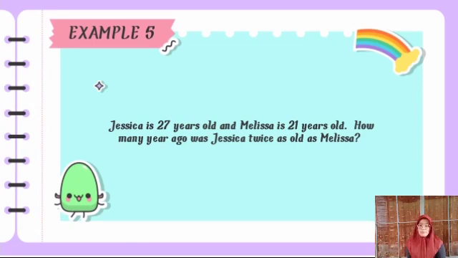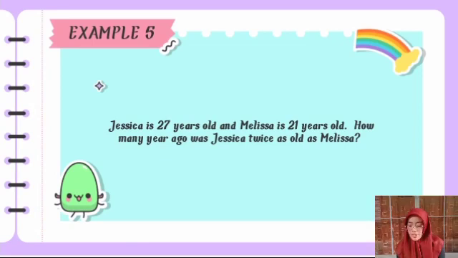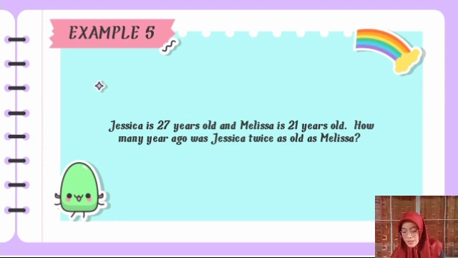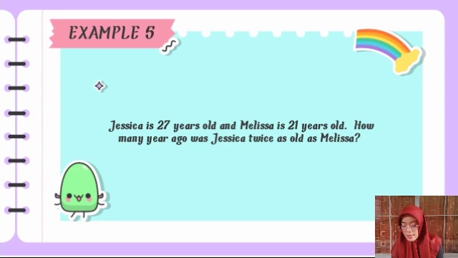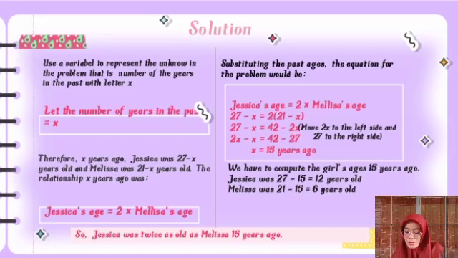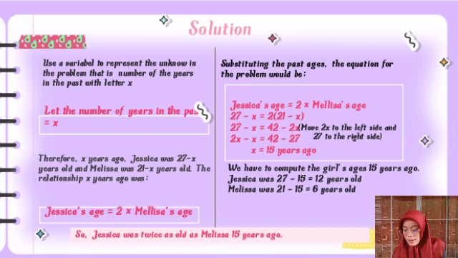Next is example 5. The question: Jessica is 27 years old and Melissa is 21 years old. How many years ago was Jessica twice as old as Melissa? Solution: use a variable to represent the unknown. The unknown in the problem is the number of years in the past, with letter x.